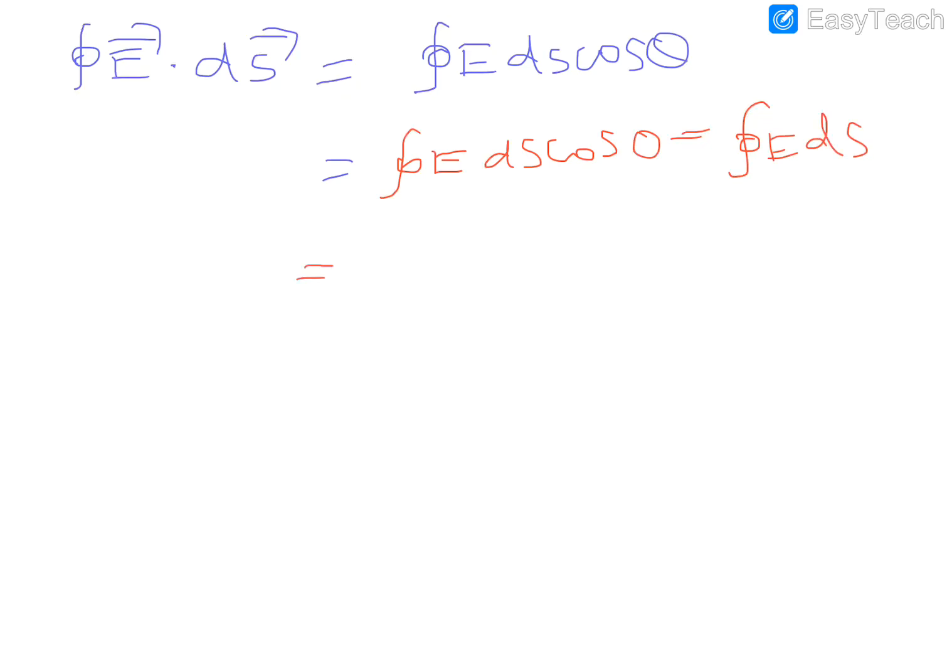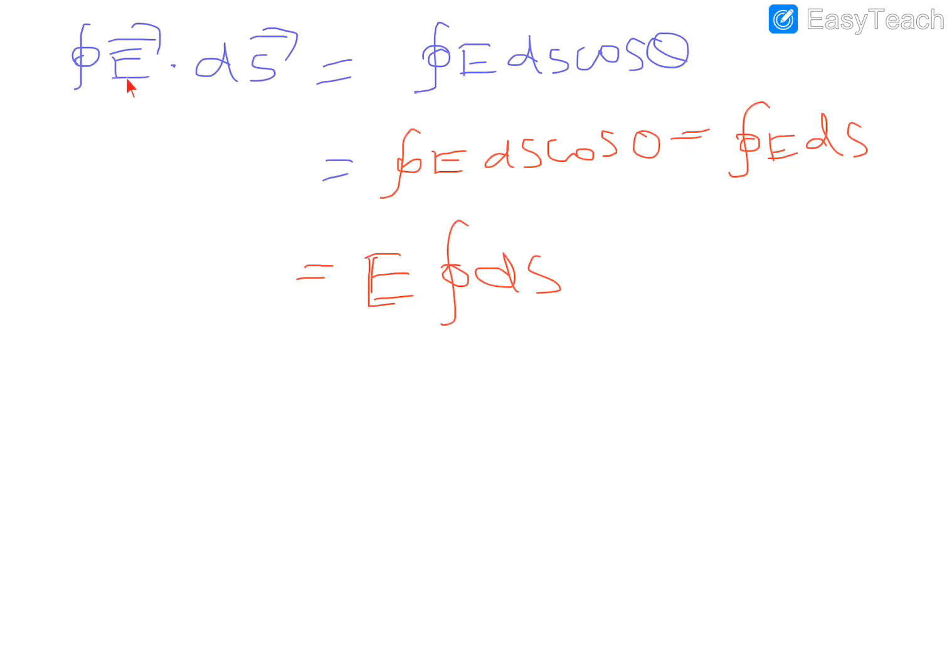Now I already explained that a uniformly charged sphere will produce a uniform electric field. So E is a constant. Uniform means it is constant, so you can take it out of the integration. Only ds will remain. Please remember that here we are using the vector sign, but here we are not using the vector sign, because if you change this expression into this expression, then these are simply magnitudes.